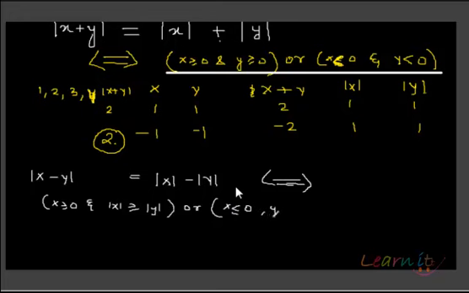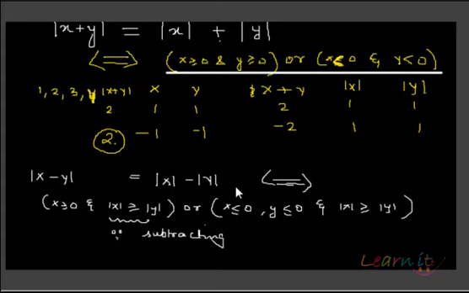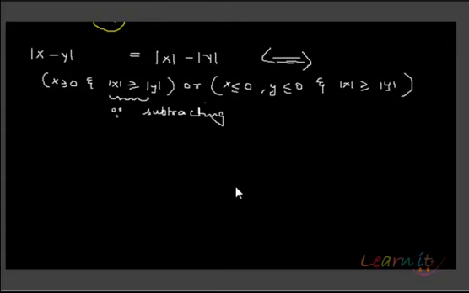Either this happens or x is less than or equal to 0, y is less than or equal to 0 and mod x is greater than or equal to mod y. Why? Because we are subtracting. So modulus x minus modulus y will be positive only in that scenario where modulus x is greater than or equal to modulus y, right? Otherwise, the validity of mod of x minus y won't happen, right?